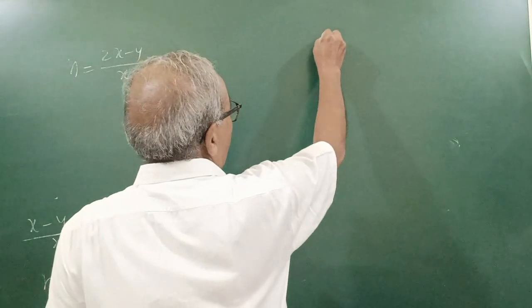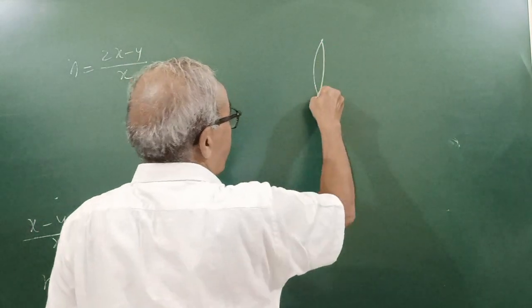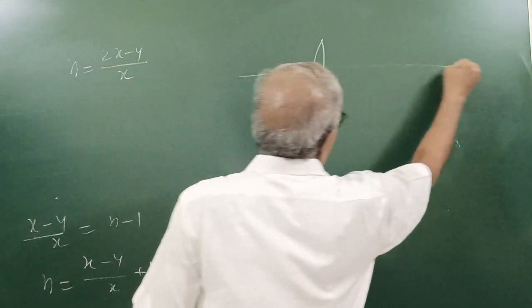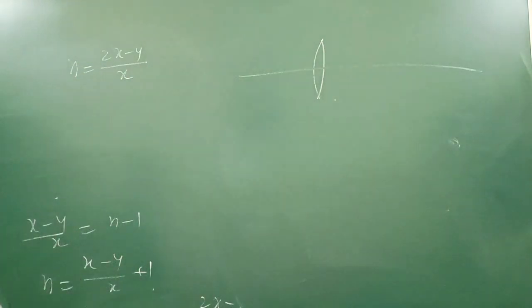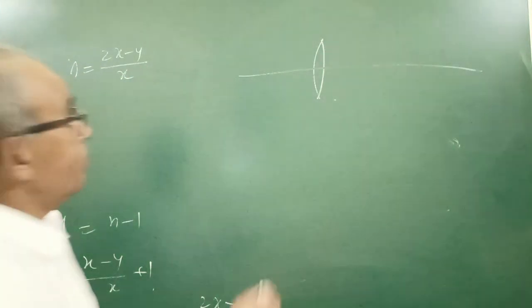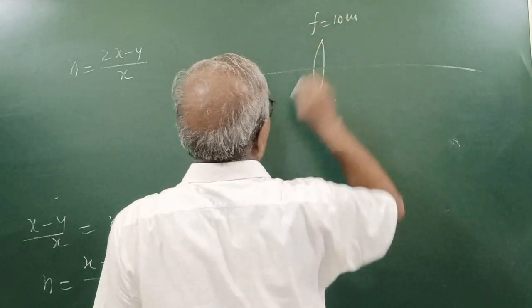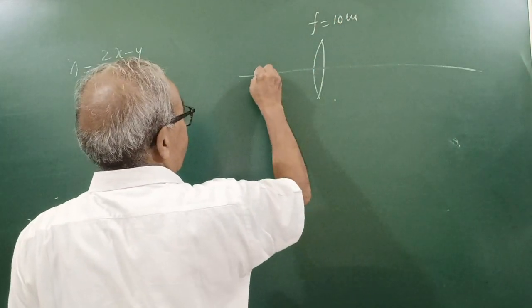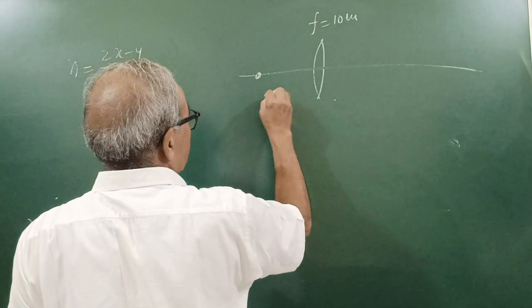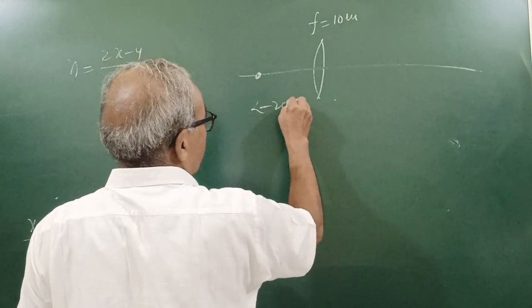Now there is another question here. Here is a convex lens. The focal length of this lens is 10 centimeter. An object on the left side is placed at 20 centimeter. Suppose it's a point object.